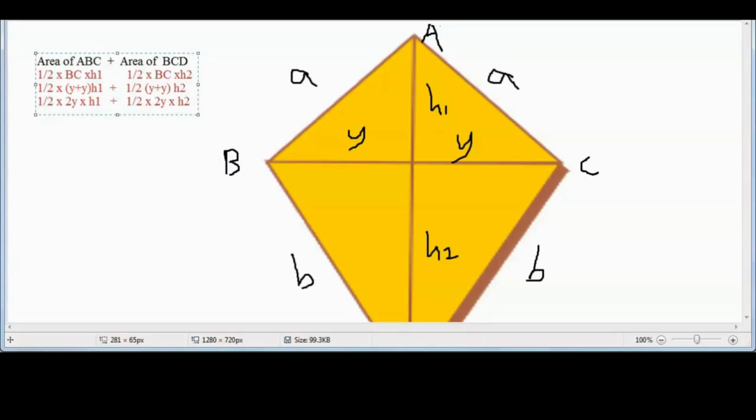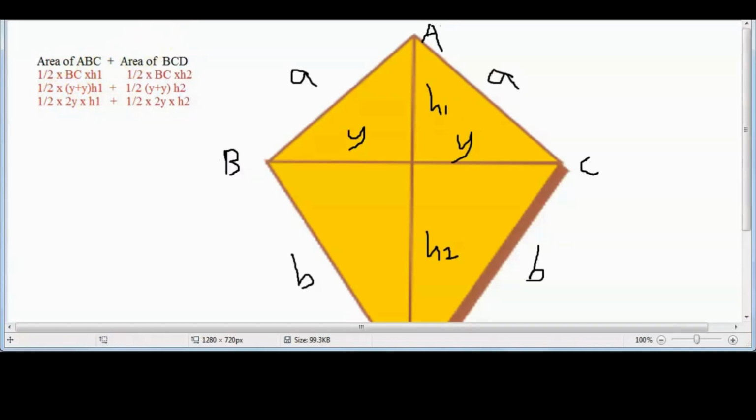Now 2 will cancel 2. Half times 2Y translates to Y. 2 will go, 2 will go.